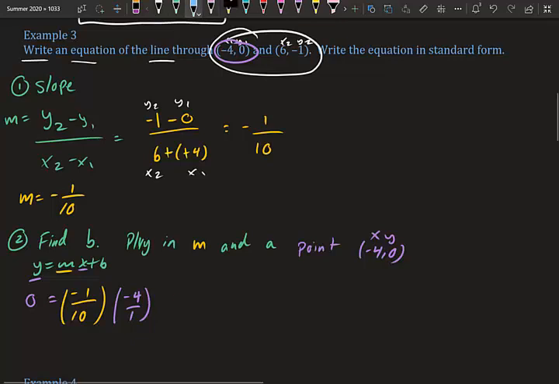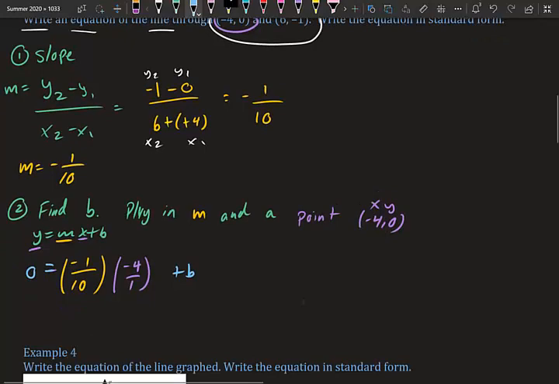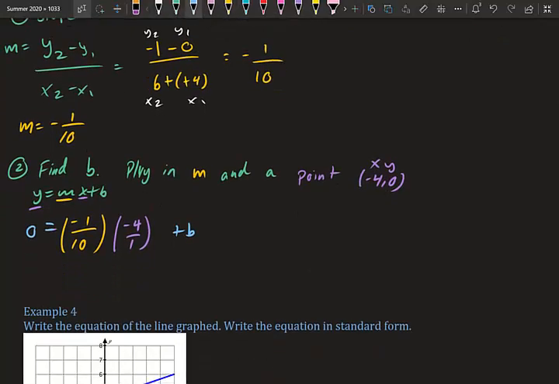Okay, let's go ahead and simplify our fraction. So we multiply straight across. You can cross simplify if you want. I like to multiply straight across and then simplify.